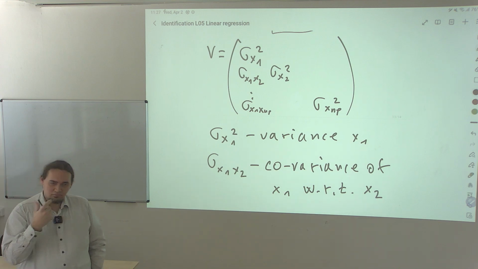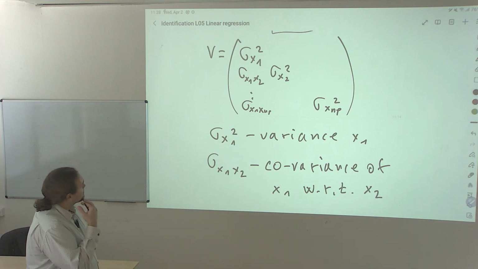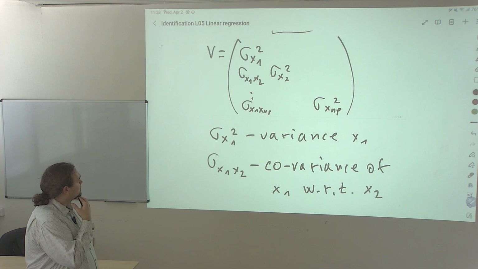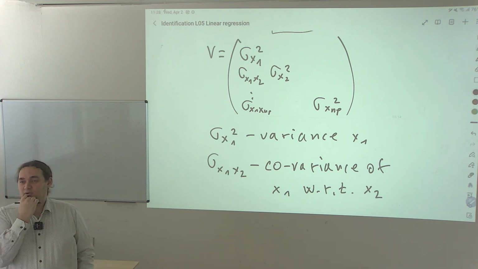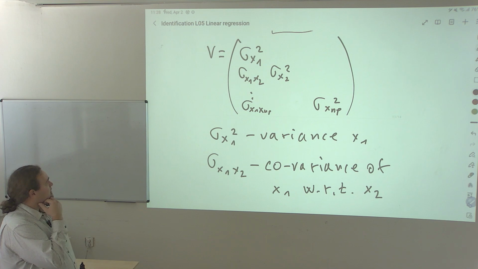So if you center your data, even if you do not normalize, you can already find this sort of matrix.